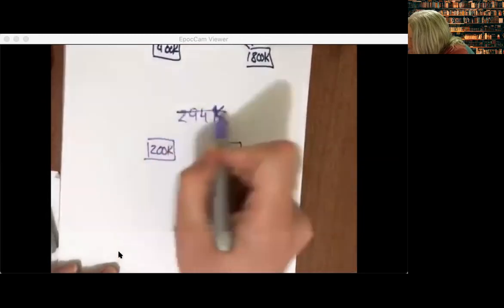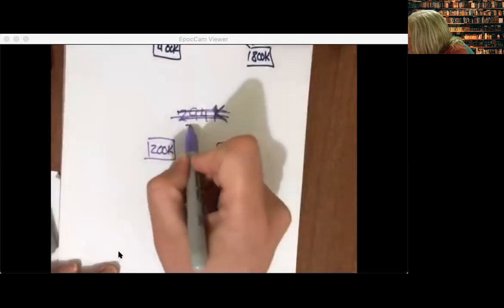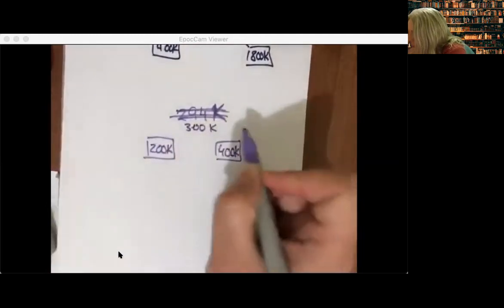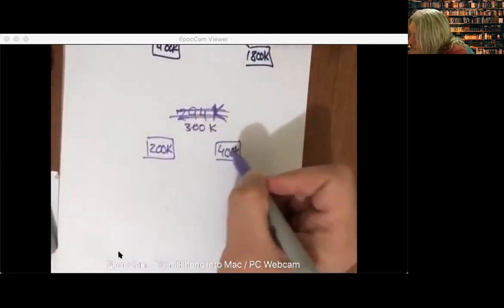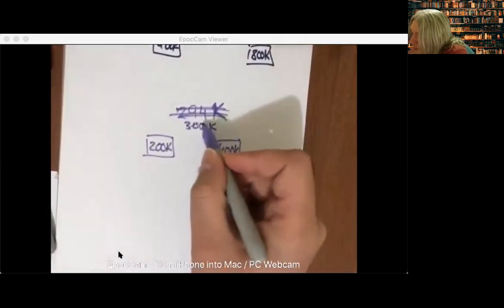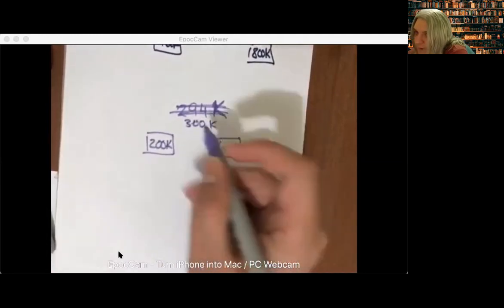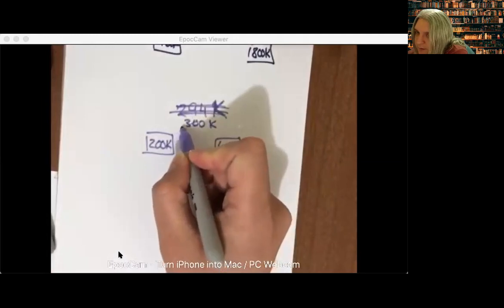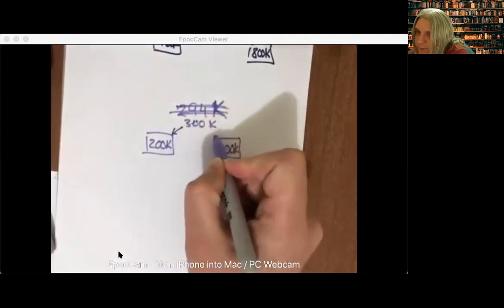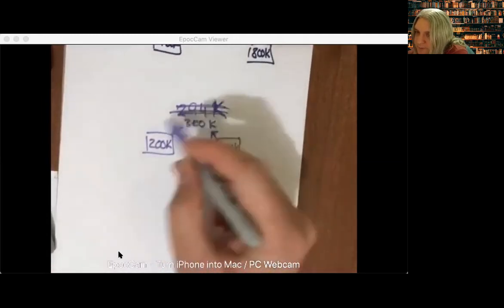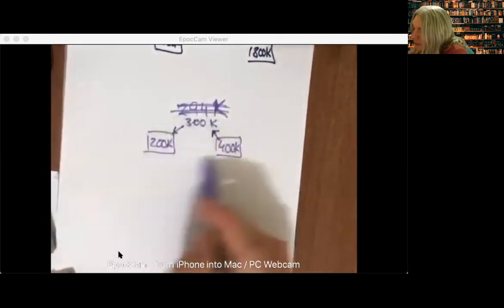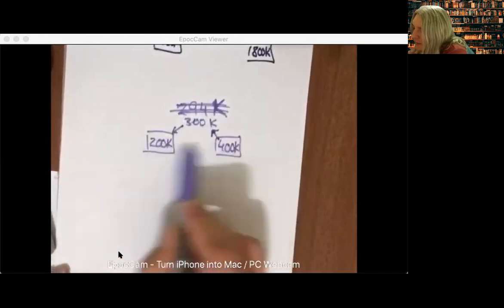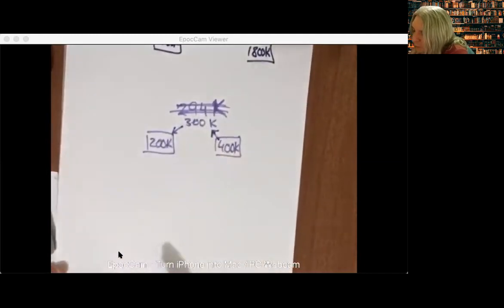To make things simple, let's say we've actually got a 300 Kelvin environment. So we have a 200 Kelvin object and a 400 Kelvin object that's twice as hot in Kelvin. The environment being at 300 Kelvin would mean that this one has a net flow rate in, and this one has a net flow rate out. Actually, those numbers won't work exactly, but you can see there would be a system where you'd have the same heat flow rate. It's just that one would be emitting and one would be absorbing.